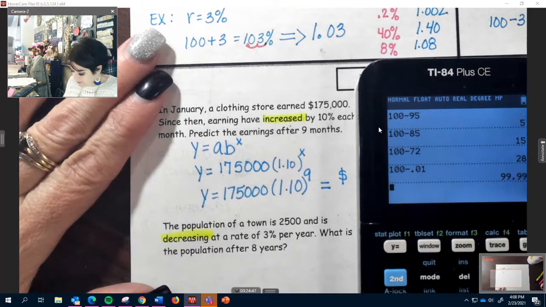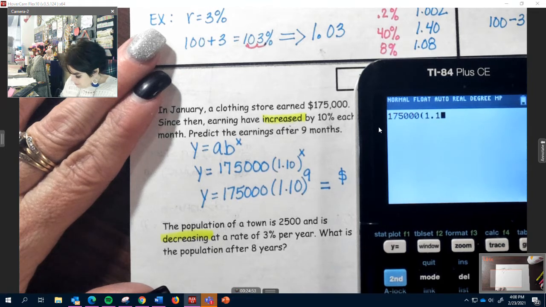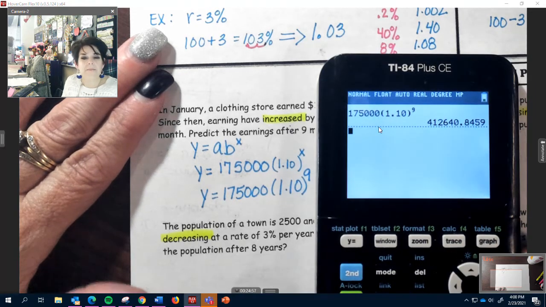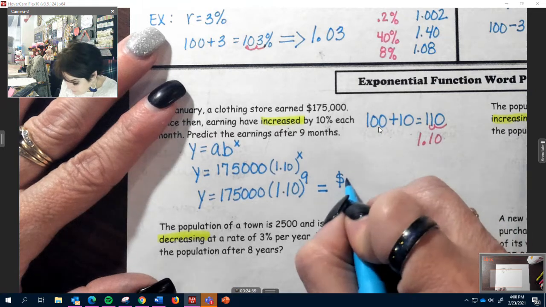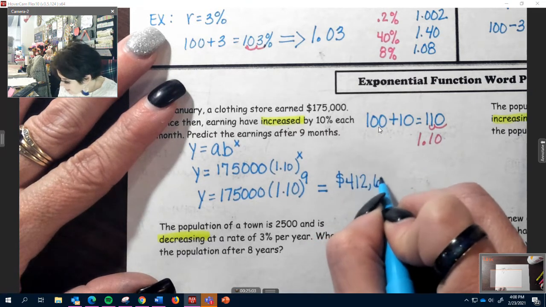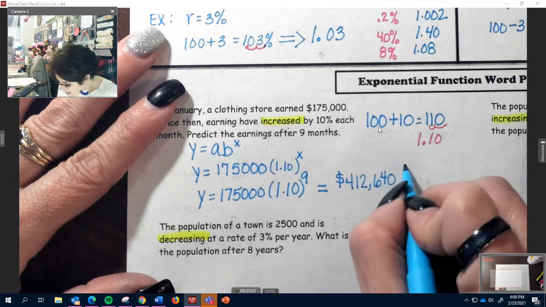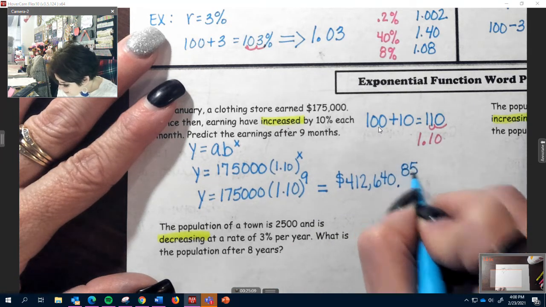I plug in $175,000 times 1.10 to the 9th, and there it is. I'm going to write it on here. $412,640.85.